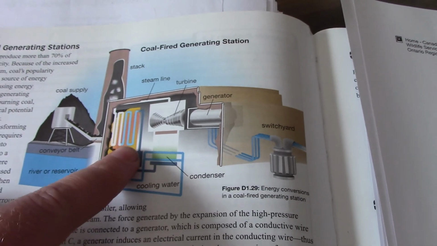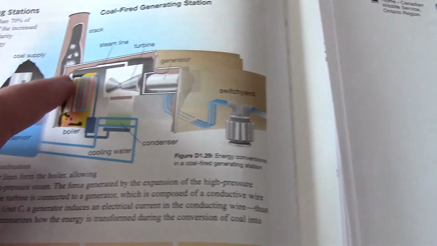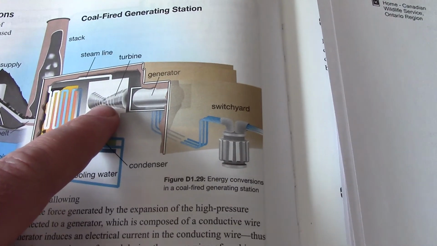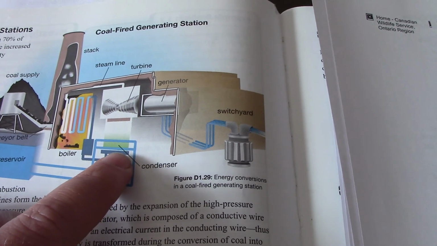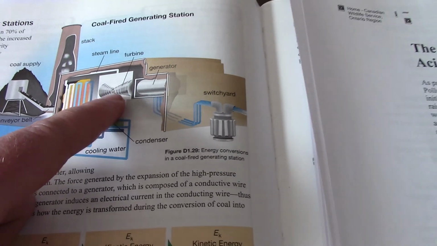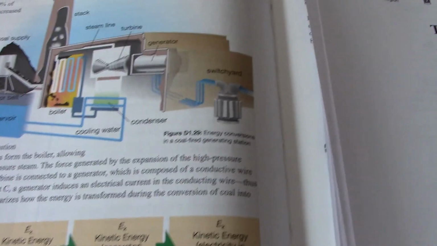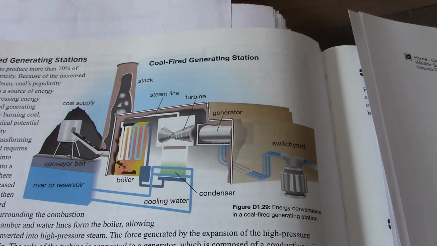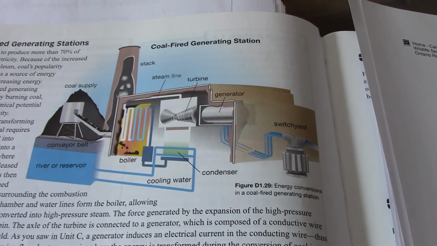That water itself will vaporize, and then we move that vaporized water into a turbine, and as the water cools and condenses back into a liquid, the condensation actually moves the turbine itself.